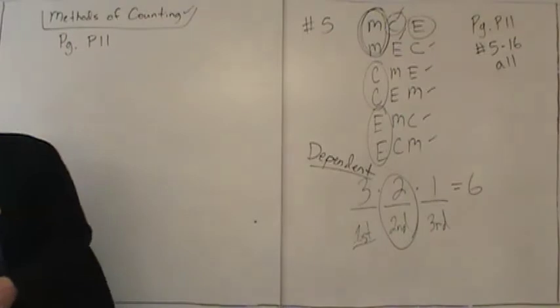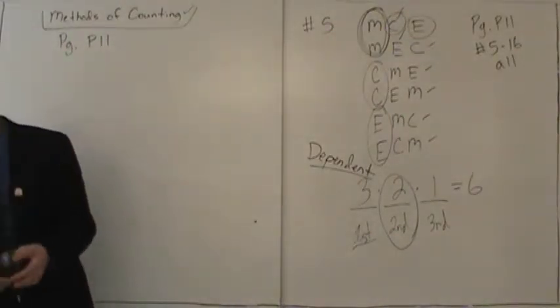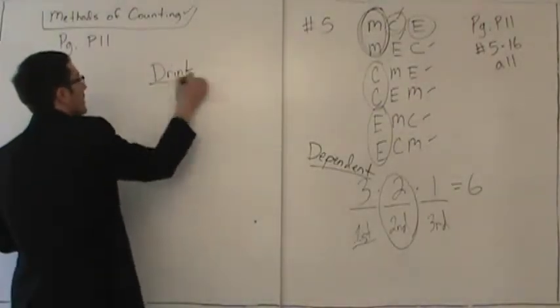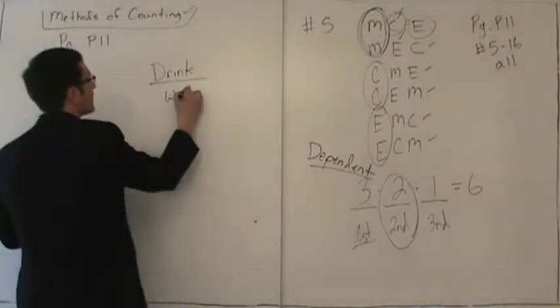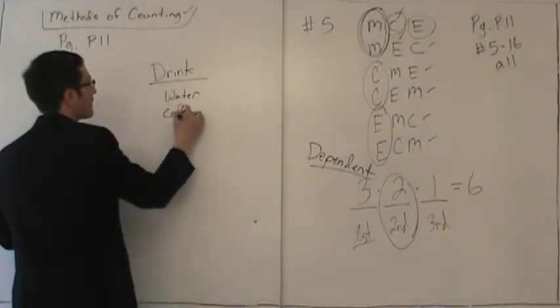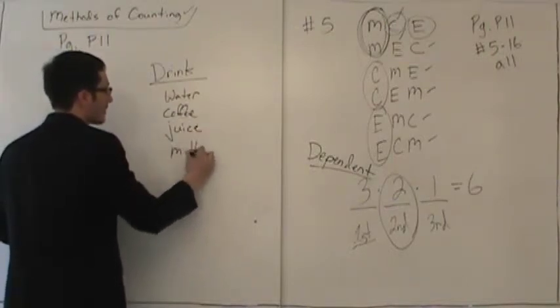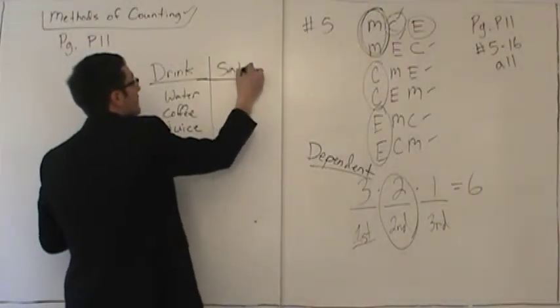Number 7 says, a cafeteria offers choices shown in the table. How many different combinations of drink and salad are possible? So you have drink: water, coffee, juice, and milk. And then you have salad.